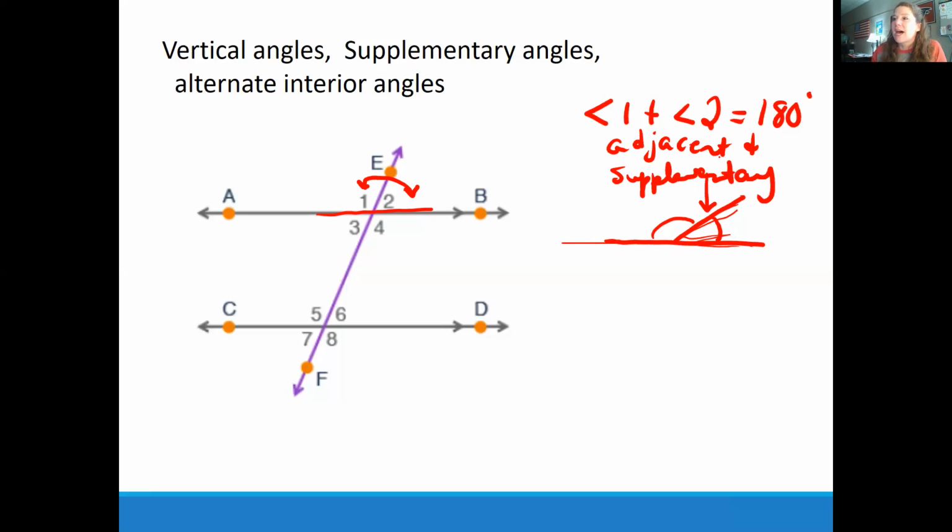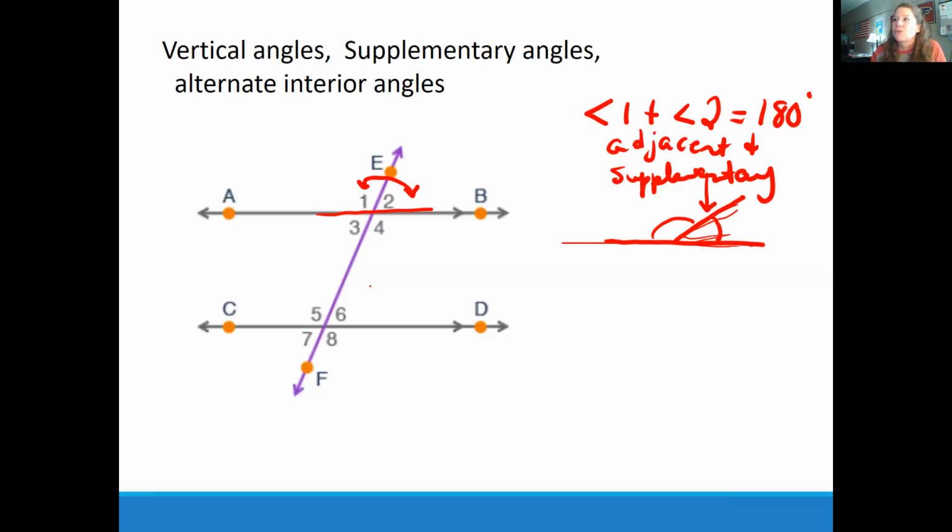Now, a lot of these angle pairs are both of those things. 2 and 4 are adjacent and supplementary. 3 and 4 are adjacent and supplementary, and 1 and 3. And down here on the second parallel line, I have the same type of pairs. 5 and 6, adjacent and supplementary. 6 and 8, 7 and 8, and 5 and 7.